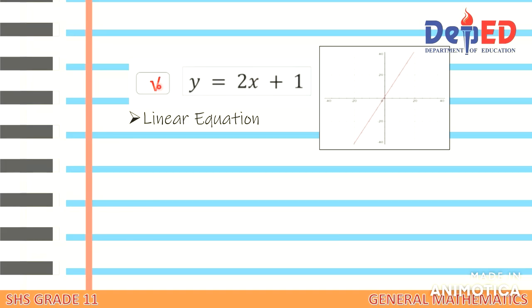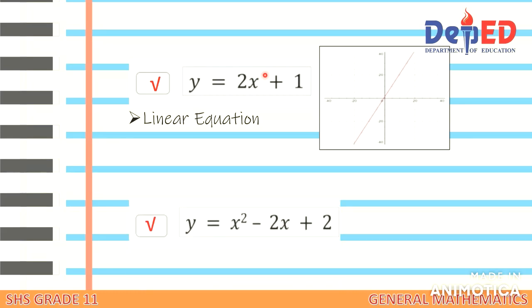How about the second one? In the first example, why is this equation linear? Is it because the highest exponent here is 1? And the second one is a function, y is equal to x squared minus 2x plus 2.